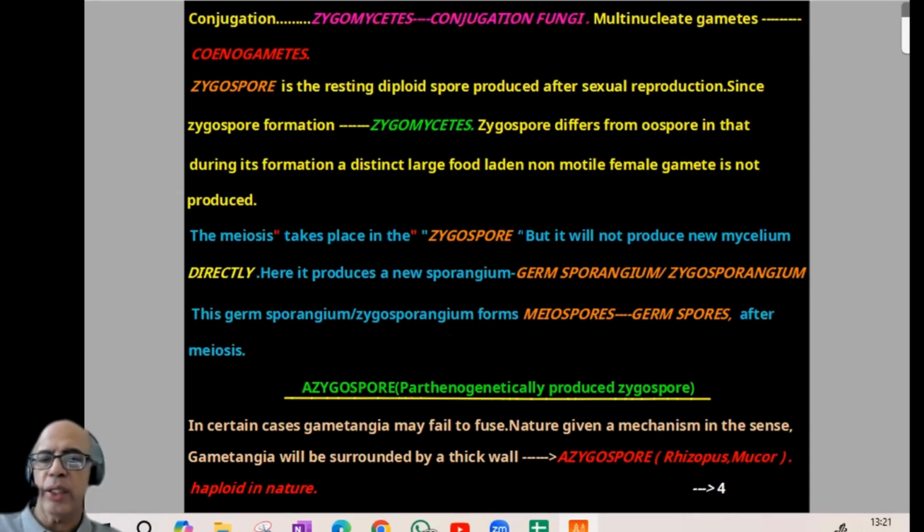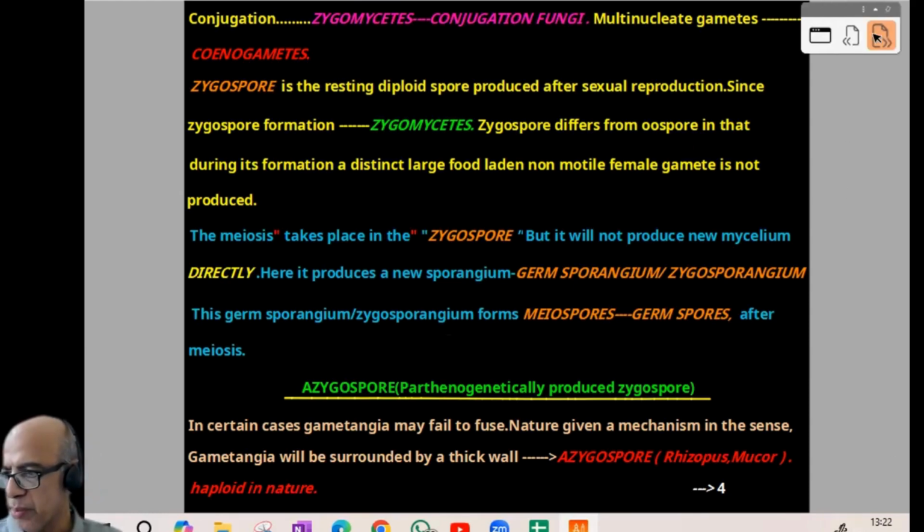I think the idea is clear. Now one more exception is there, that is called azygospore. Parthenogenetically produced zygospore. In certain cases, gametangia fail to fuse. So nature gave a mechanism in the sense that the gametangia will be surrounded by a thick wall. Then it is known as azygospore, typically in Rhizopus and Mucor, haploid in nature. I think up to that it is clear.